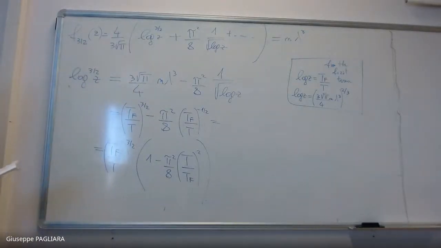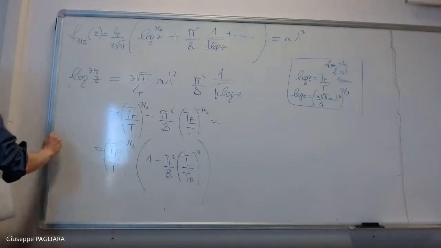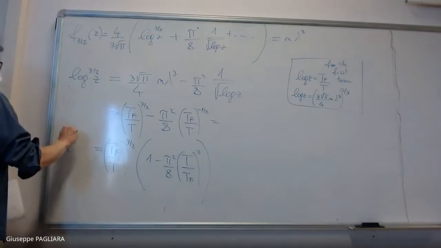Let me check if this is correct, if I get the right result. So this 3/2 minus 2 is minus 1/2. Yeah, it should be correct. And this is the log 3/2 of z.